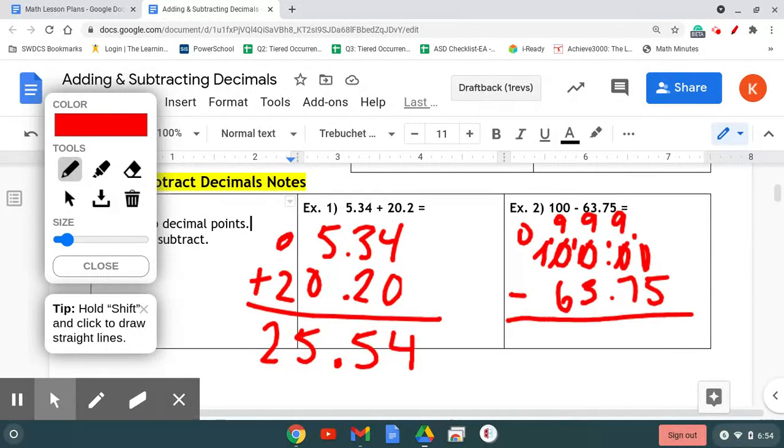What is 10 minus 5? 5. 9 minus 7, 2. Bring down our decimal point. 9 minus 3, 6. 9 minus 6, 3. So 100 minus 63.75 is 36.25.